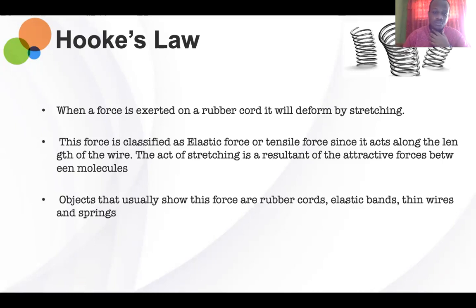This force is classified as an elastic force or a tensile force. Elastic force meaning that when we pull it, it will apply a force to go back to its original shape. And tensile force meaning it acts along the length of the string, or the length of the wire or the spring.